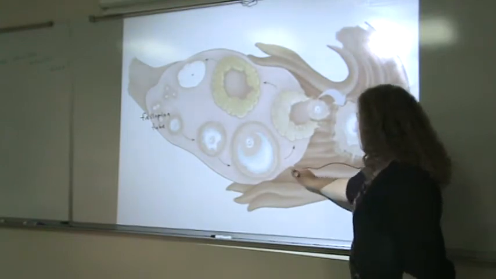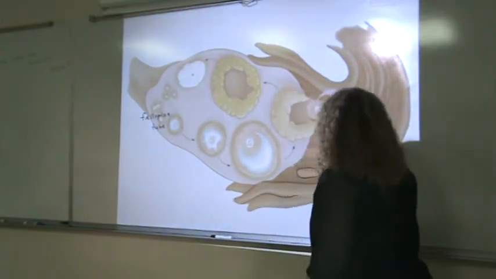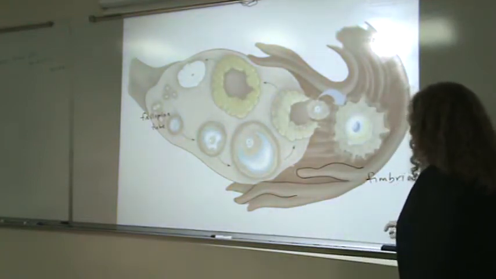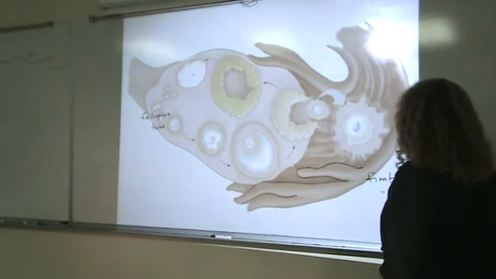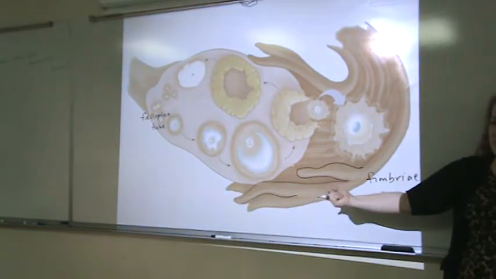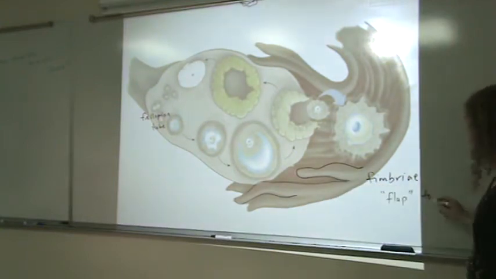See these things, these extensions? These are called fimbriae. And these fimbriae do this flapping motion. It's kind of like this, kind of like if you made a come here motion.